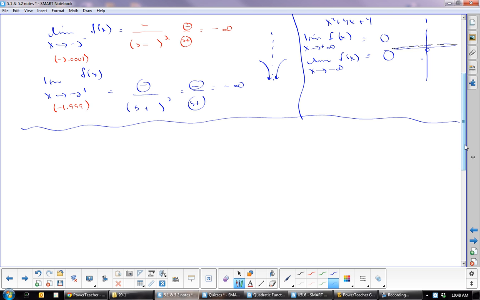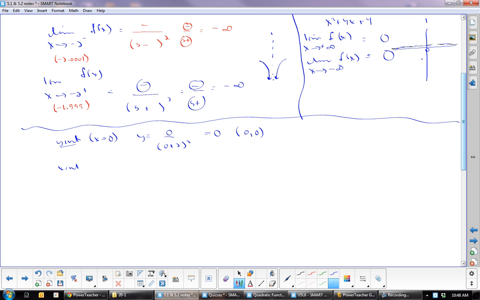Okay, so let's do the y-intercept. Remember, that's when x equals 0. So y equals 0 over 0 plus 2 squared, which equals 0. So my y-intercept is (0, 0). Okay.